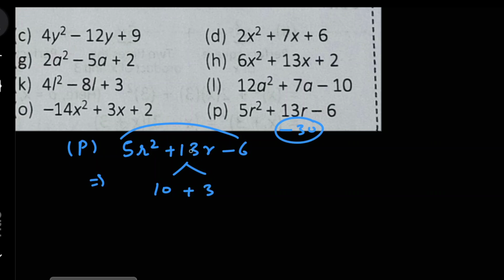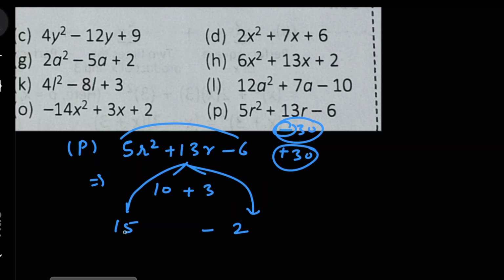So 10 plus 3 you get 13, and 10 into 3 you will get 30. But you will get plus 30, not minus 30. So we have to take some other numbers to split it. So we can split 5 and minus 2. So 5 minus 2 you will get 13, and 5 twos are 30, and minus is there, so it will be minus 30. Yes, it is the correct one.